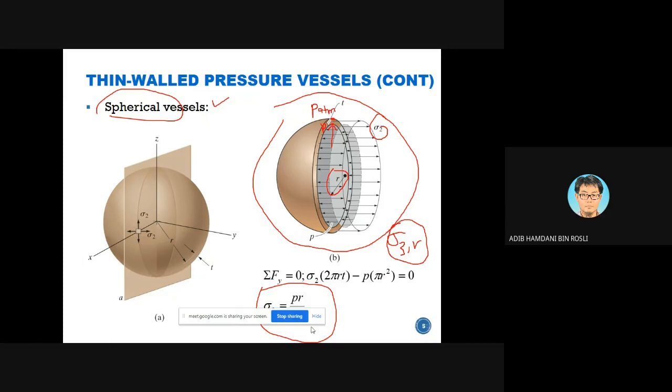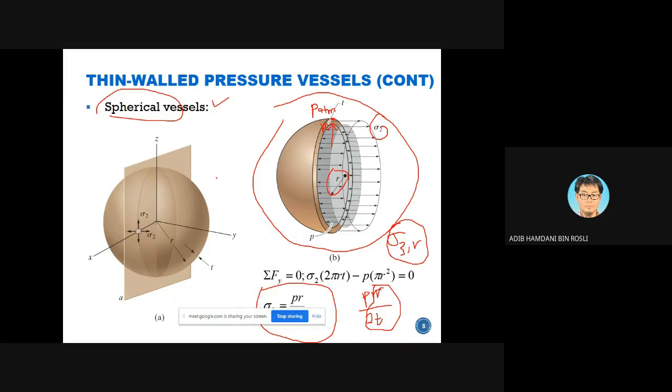So can you see that this equation, for instance, for this longitudinal stress, PR over 2T, right? Can you see that this one will magnify the magnitude of the stress?